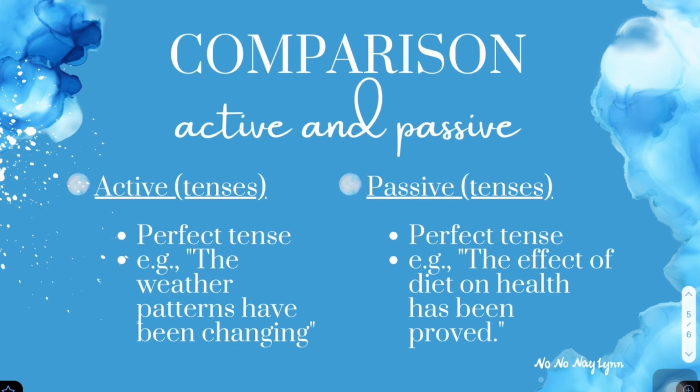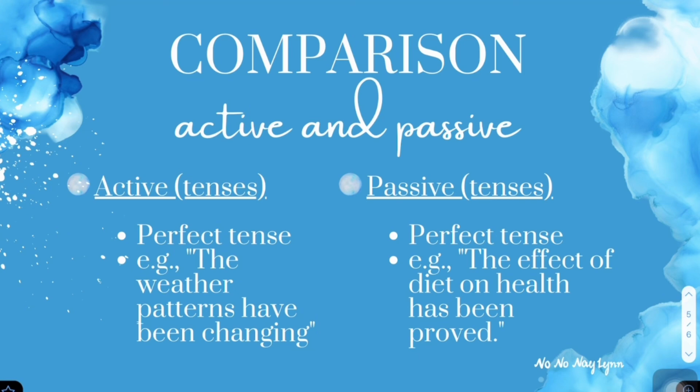Knowing this, we know that it has an effect on the present moment, and that's why we use has. We also have to remember that it has to agree with the singular subject, and that's why we use a singular verb here, has.